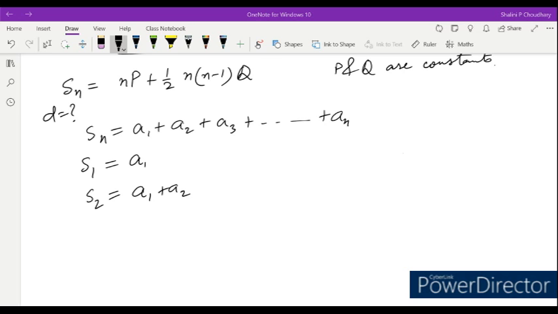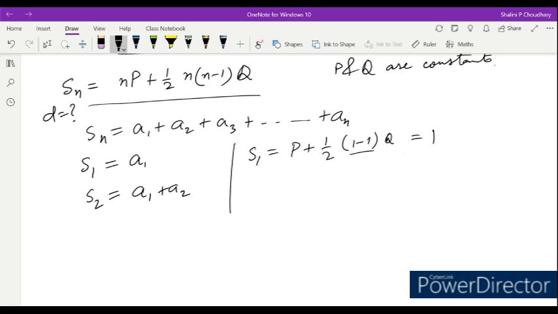Okay, so for S1 we'll put the value of n as 1 in this formula. So it will be P plus 1 upon 2 into 1 into 1 minus 1 Q. So this 1 minus 1 part will be 0. It will be P.